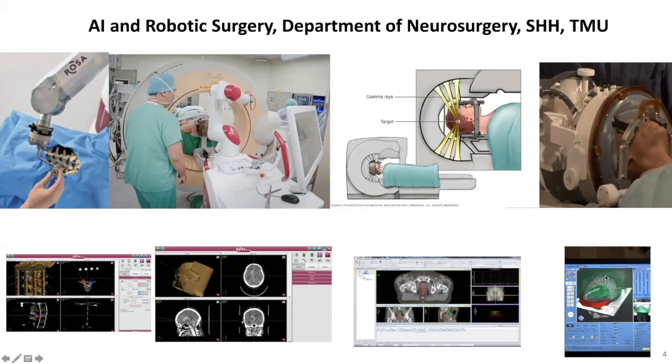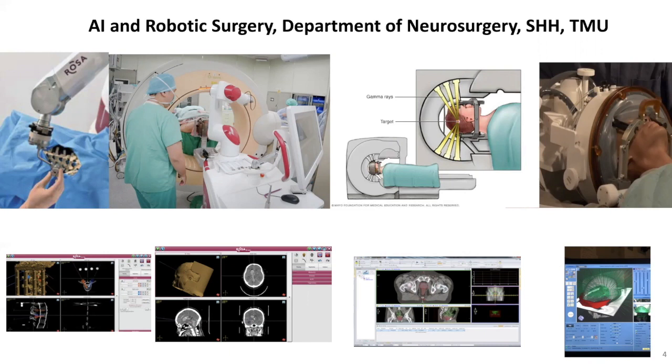You can see there are 1,000 ultrasonic beams that can deliver heat to the brain for the treatment of brain lesions.